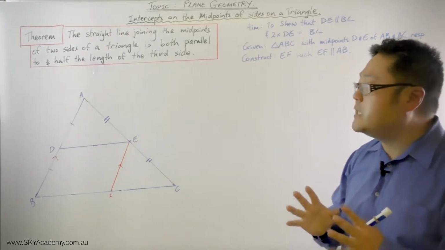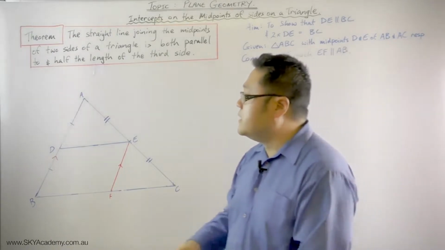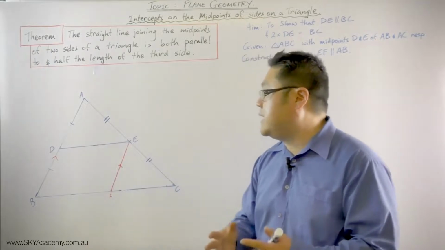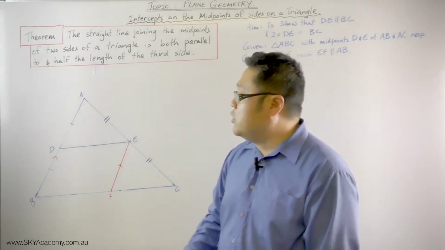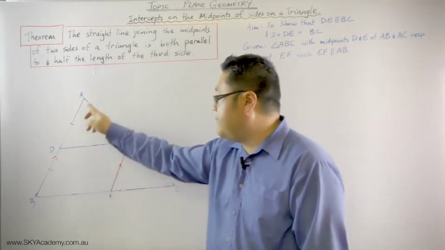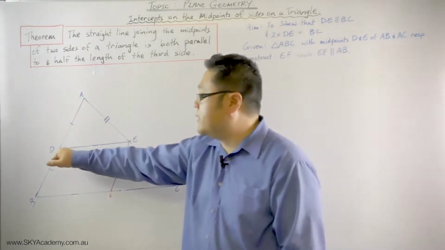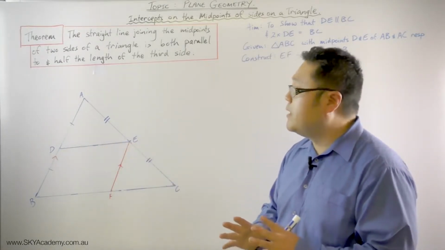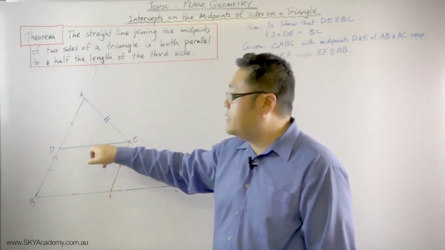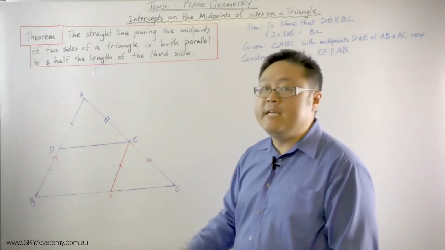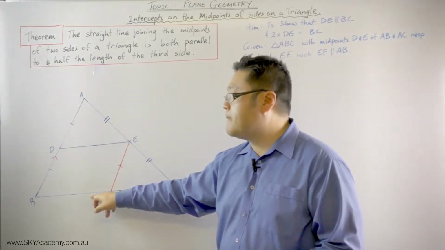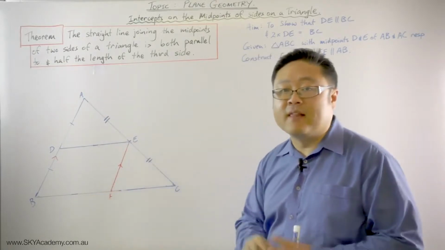So this basic theorem says this. If you've got a triangle, let's say this triangle here, which is ABC, and you've got midpoints D and E on sides AB and AC, so these midpoints here, the theorem says that the line joining the midpoints is going to be both parallel to the third side and exactly half the length of it.